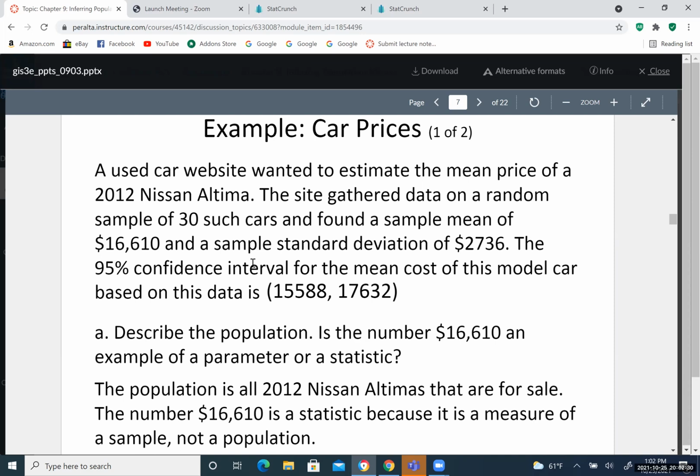The 95% confidence interval for the mean cost of this model car is based on this data. They provide us the interval right there, right?